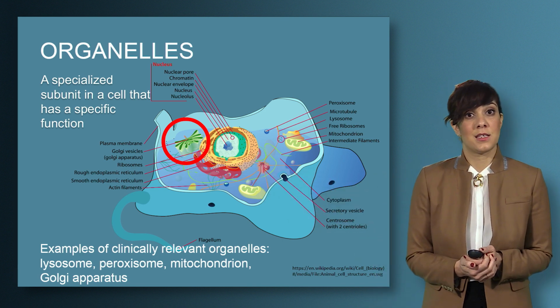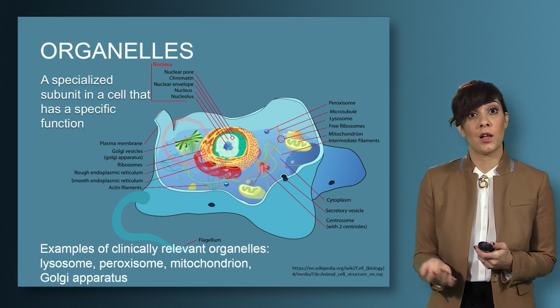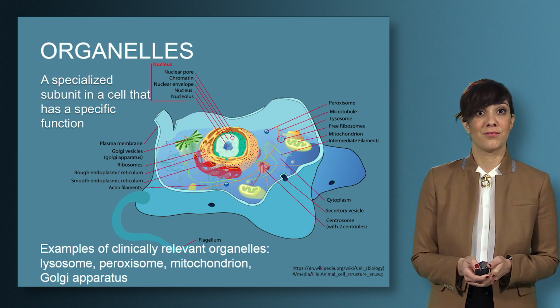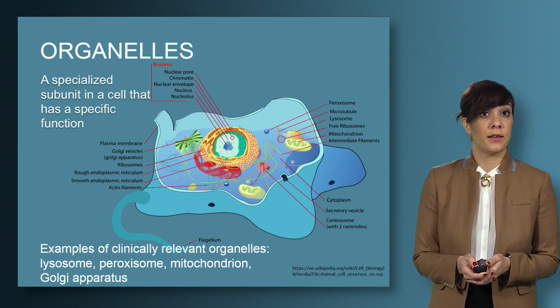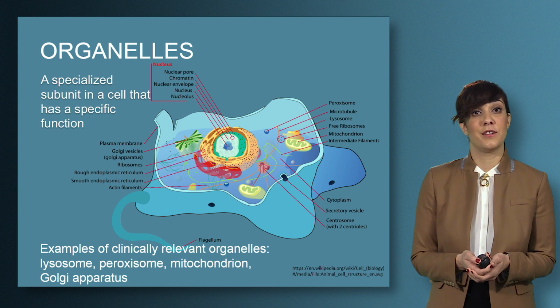The Golgi apparatus, for example, is involved with post-translational modification of proteins, and we'll talk a little bit about that in a further module. You can read more about organelles in a basic biology textbook or some of the pre-week materials that I'll provide to you on the portal.